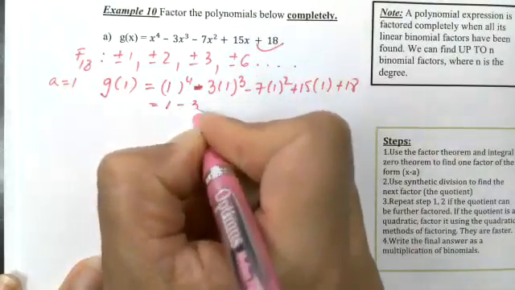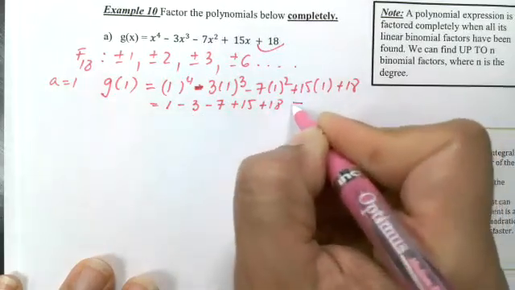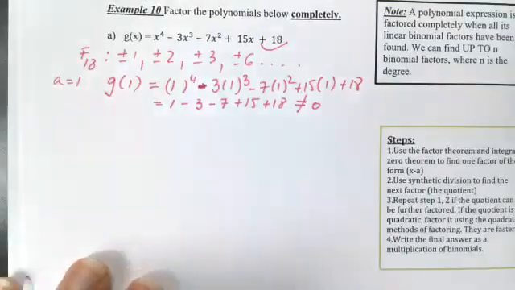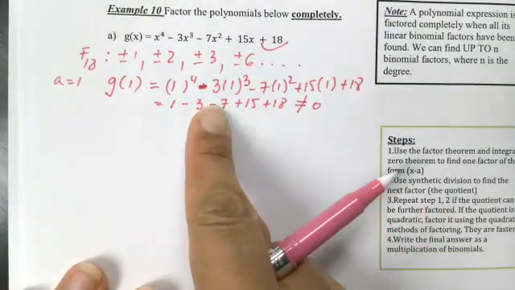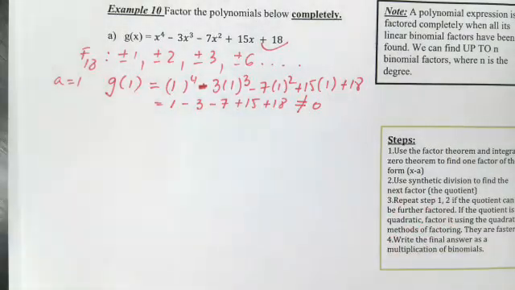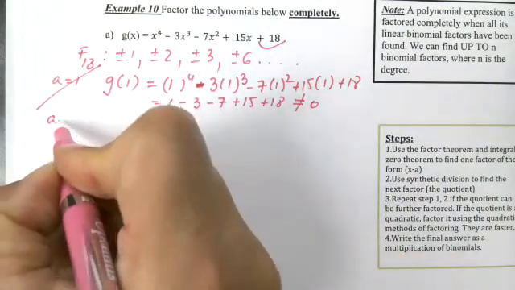It's 1 minus 3 minus 7 plus 15 plus 18. Not 0, because look at all those big positive numbers and the small negative numbers. It's not going to make up to be equal to 0. So you can just write this not equal to 0. So I'm not going to get the x minus 1 as a factor. So that's gone.